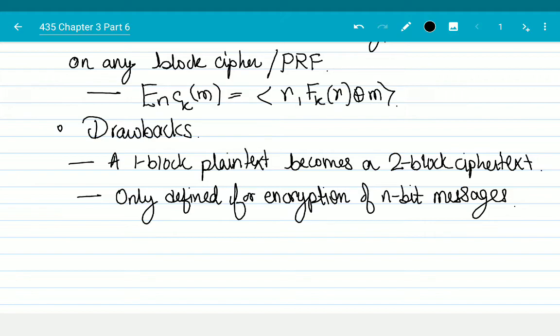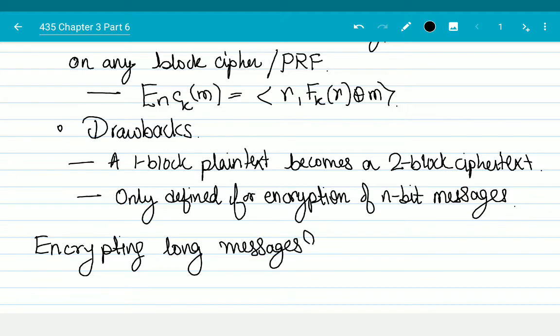I don't want to only encrypt n-bit messages. What if I want to encrypt longer messages? How do we encrypt long messages?